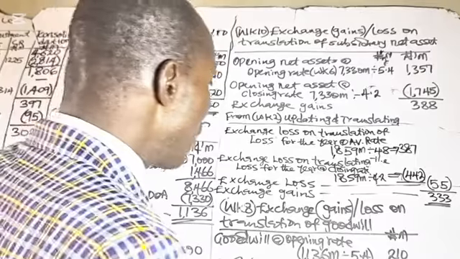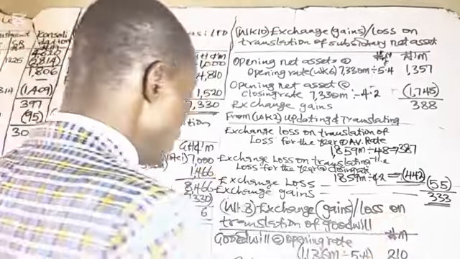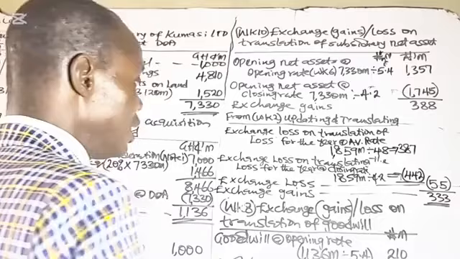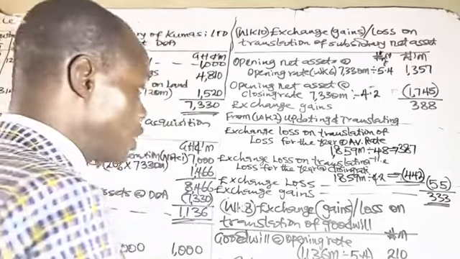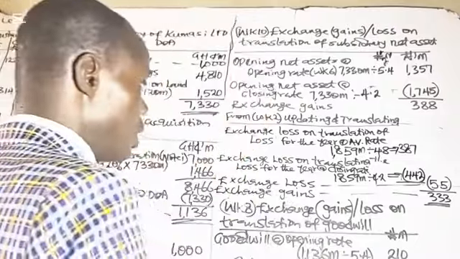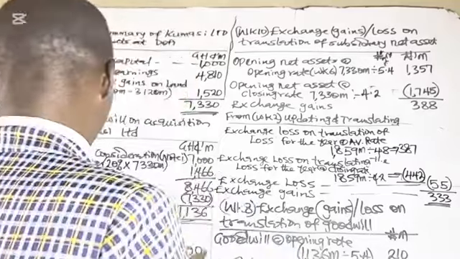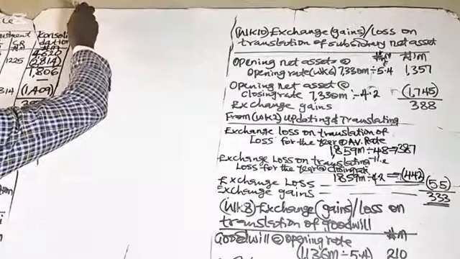So the sum of all these three exchange gains, the exchange gains on goodwill, exchange gains or loss on investment in foreign operations, that is in loan notes. So if you sum up the three exchange gains, that will give you the amount to be recognized as other comprehensive income. Working number 11.